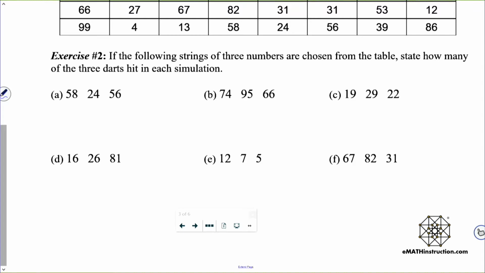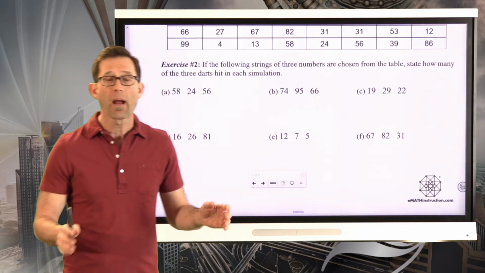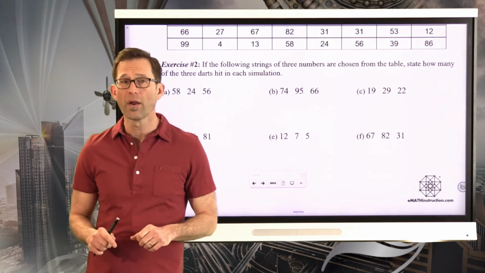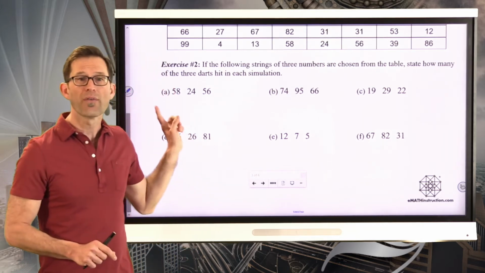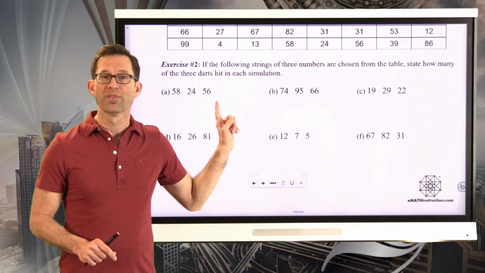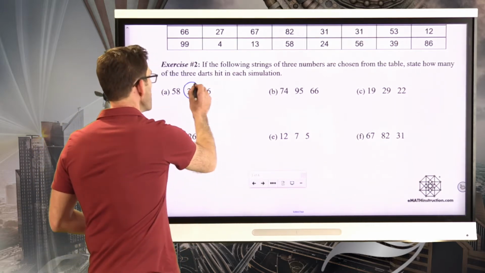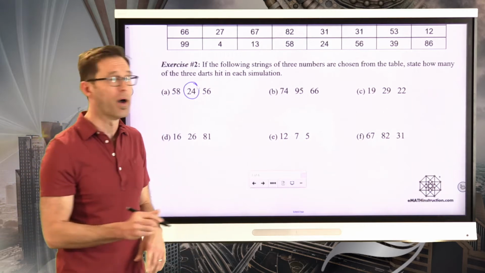If the following strings of 3 numbers are chosen from the table, state how many of the 3 darts hit in each simulation. So remember, anything from 1 to 30 is a hit, and anything from 31 to 100 is a miss. So if I read these 3 numbers off of the table, 58, 24, 56, the only one that would be considered a hit would be 1.